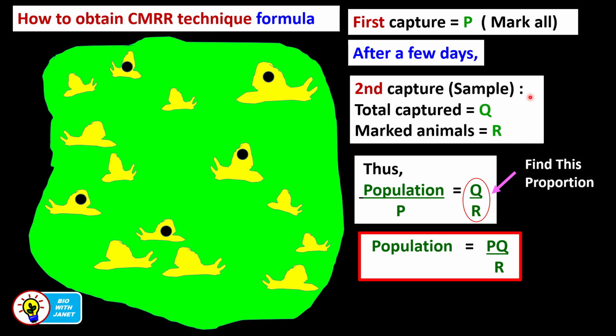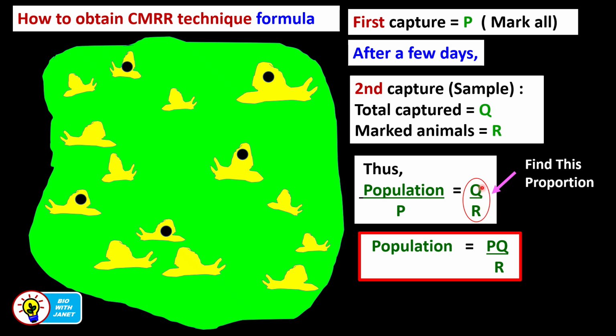Your second capture is actually a sample, and you want to find out this proportion, Q over R: the total number of animals captured per the marked animals in the second capture. This proportion Q divided by R will be equivalent to population divided by P, meaning out of Q animals, R were marked.